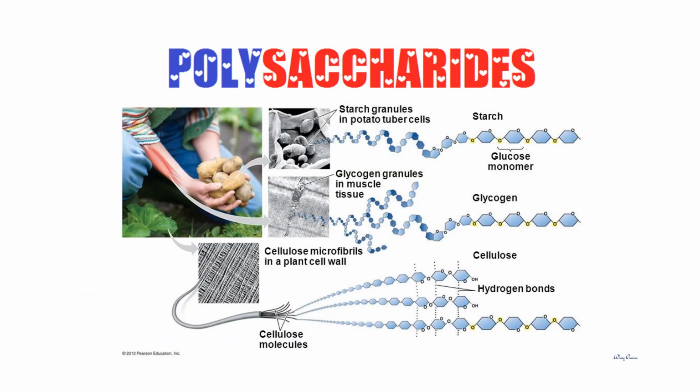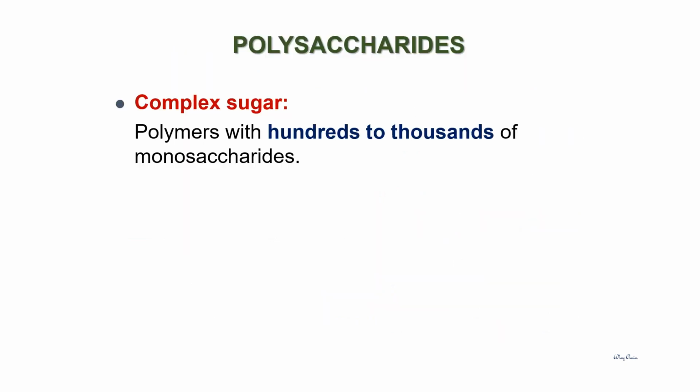In nature, there are 3 examples of polysaccharide, which are starch, glycogen, and cellulose. But for the first year of the matriculation program, we are going to focus on cellulose only. What is meant by polysaccharides? Polysaccharides are actually sugars consisting of hundreds to thousands of monosaccharides.